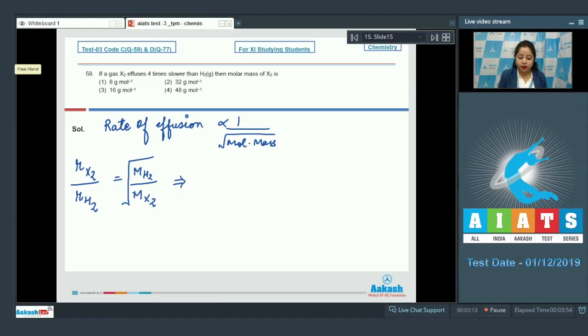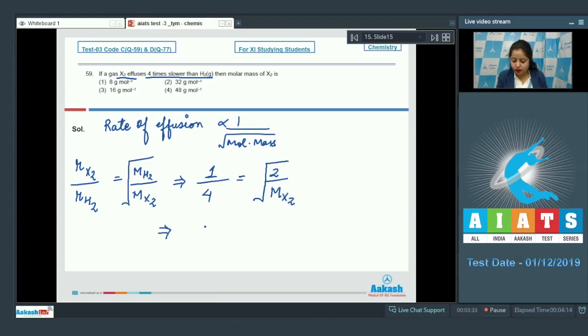Since the rate of effusion of X2 is 4 times slower than that of H2, if the rate of effusion of X2 is 1, then the rate of effusion of H2 will be 4, which is equal to the square root of 2 upon the molecular mass of X2.